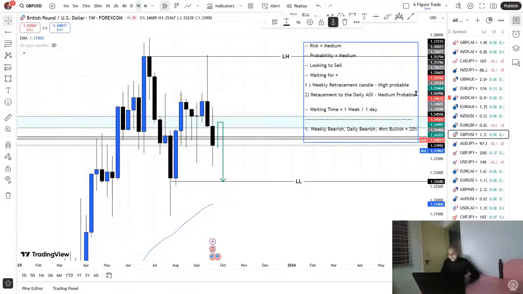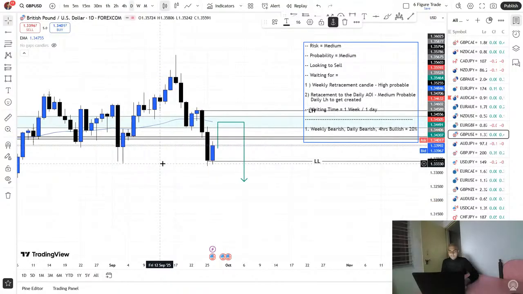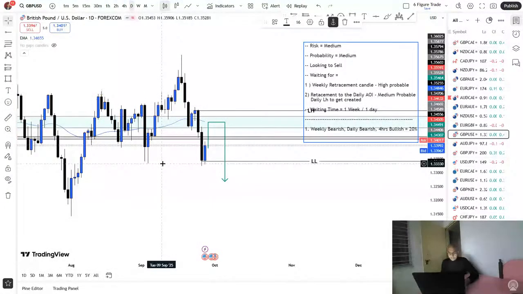In the section of medium probable, I also want the daily lower high to get created. That is what I need. I need a retracement to the daily area of interest.